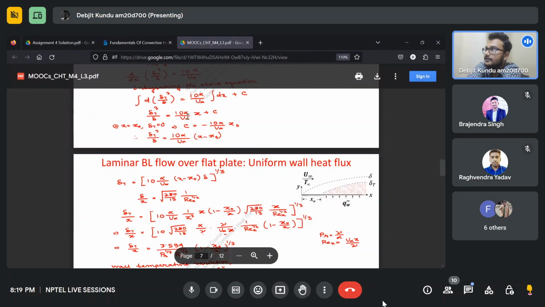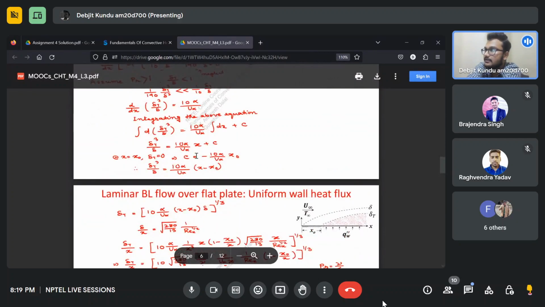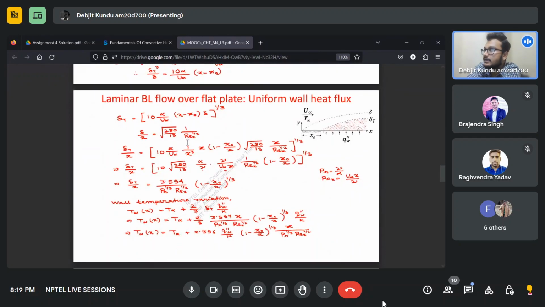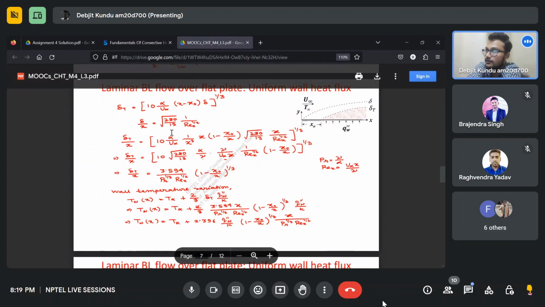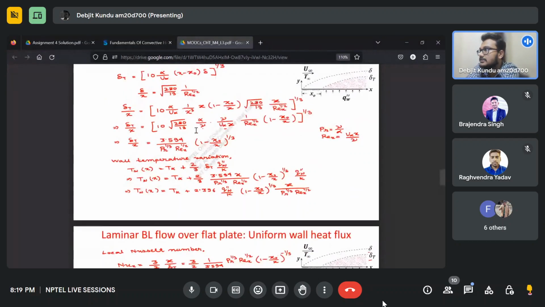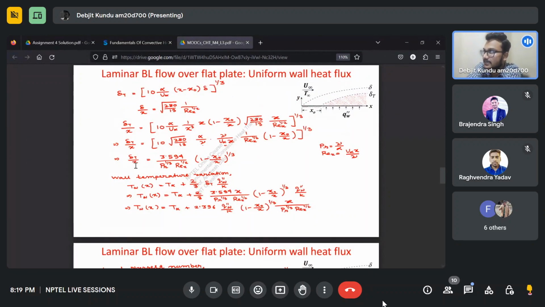Now finally, after solving for this integral, we will get something like 10 alpha over u infinity, and delta over x we already know from the question is under root 280 by 13 into 1 over root Re_x. Finally, plugging in all these values, we will get this delta T over x as something like this, where this number 10 into under root 280 by 13 is the only number remaining. That becomes equal to 3.594, which was the A in our question.